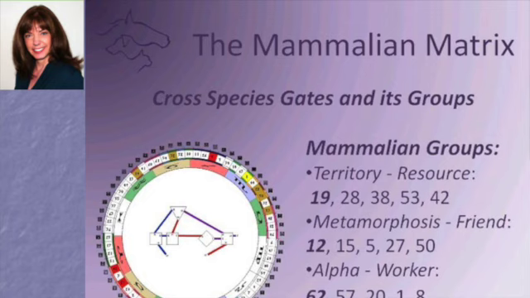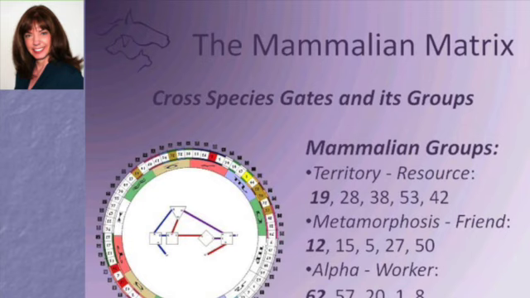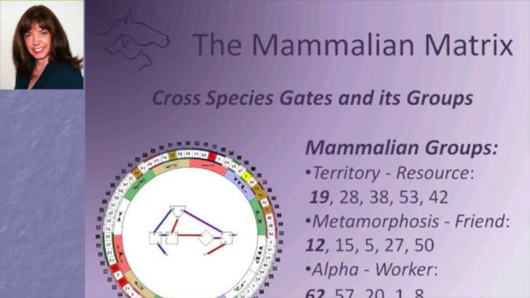And not that it has to be a negative bargain or someone loses. It's a mutually beneficial bargain, but a bargain nonetheless. A bargain in terms of, I guess because I have the 49th gate, I have this affinity towards wanting to really be a resource. You see that this particular mammalian group is about territory, resources.